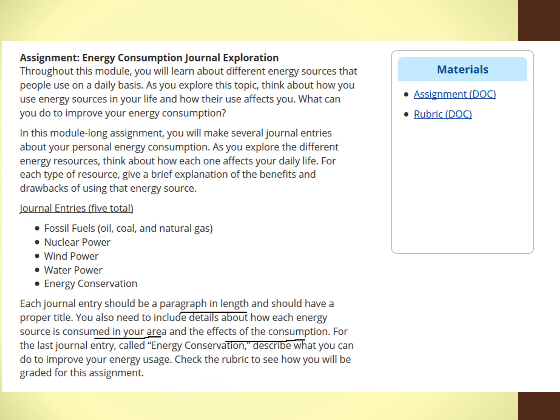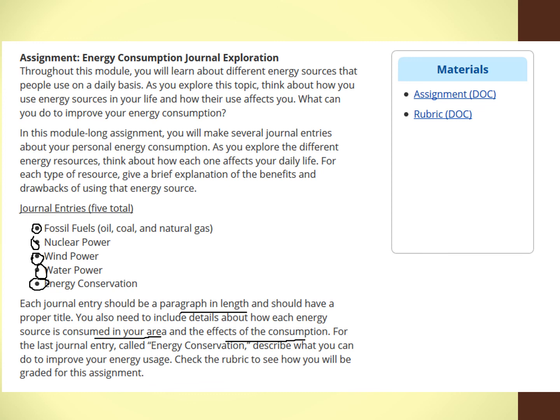So here are the 5 journal entries you'll need by the end of the unit. If it was me, I would just do these as we were going, because we have a lesson for each of those 5. So you can do them as you go and as we learn.